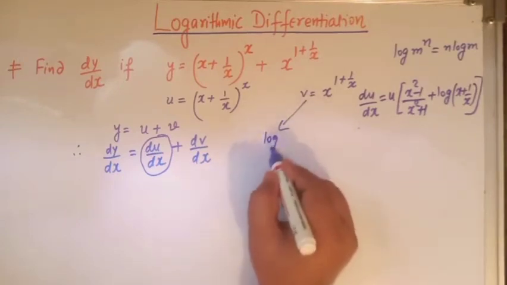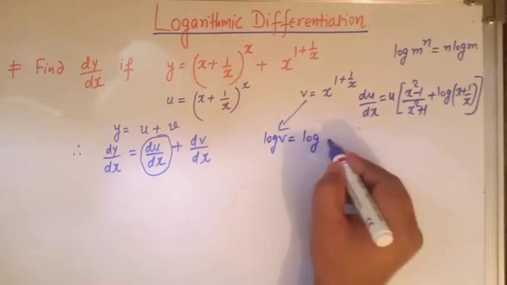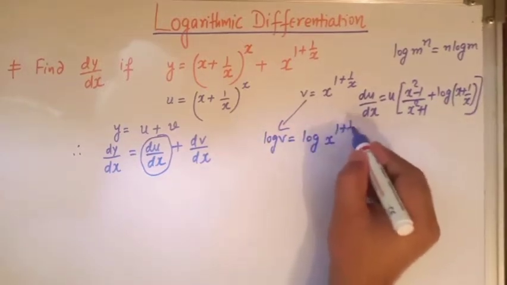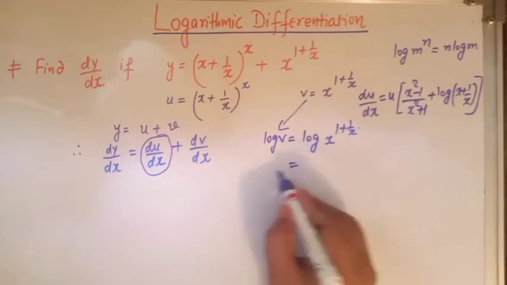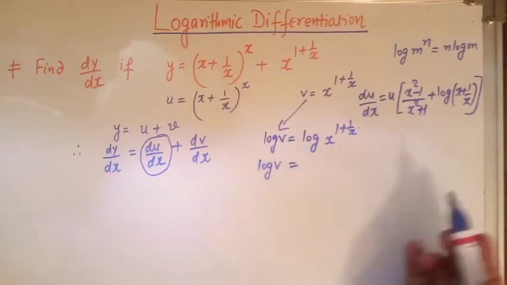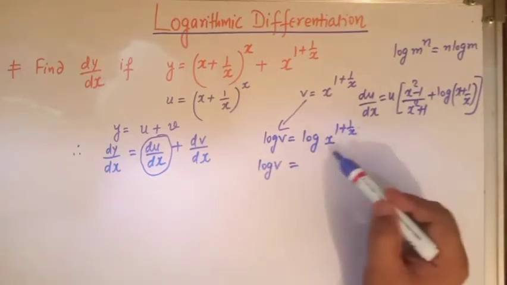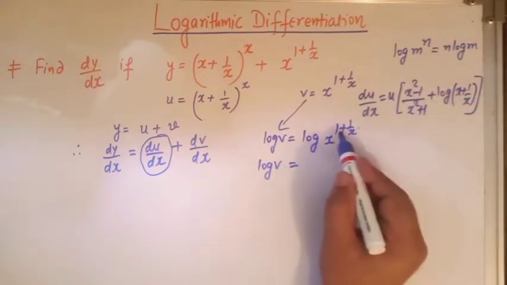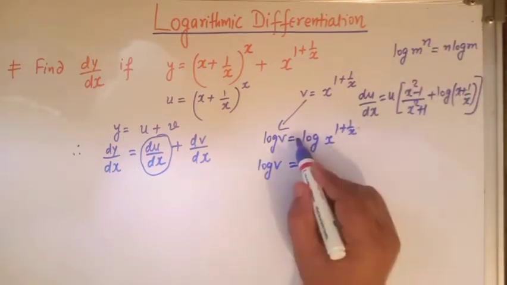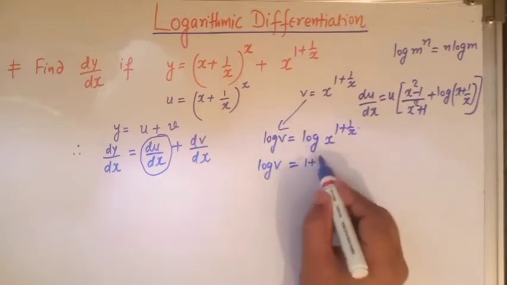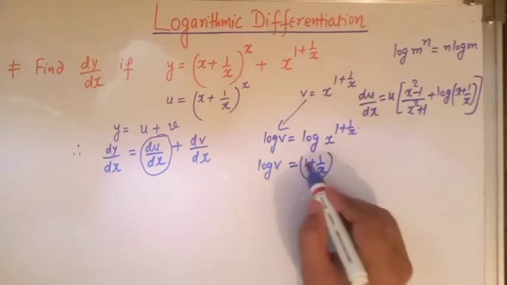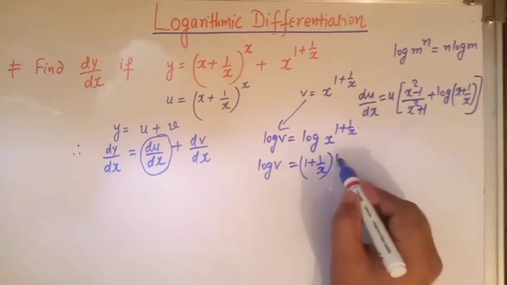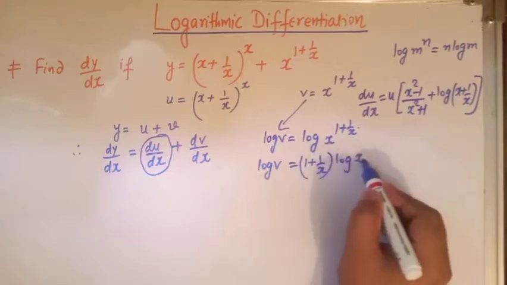So log v is equal to log of x^(1 + 1/x). Now log v can be written as, again we'll apply this property to this expression, so 1 + 1/x will come to the front. So (1 + 1/x) times log x.